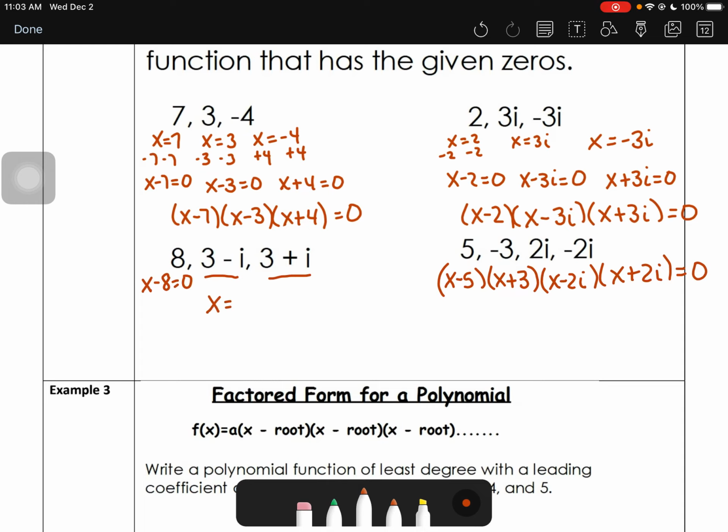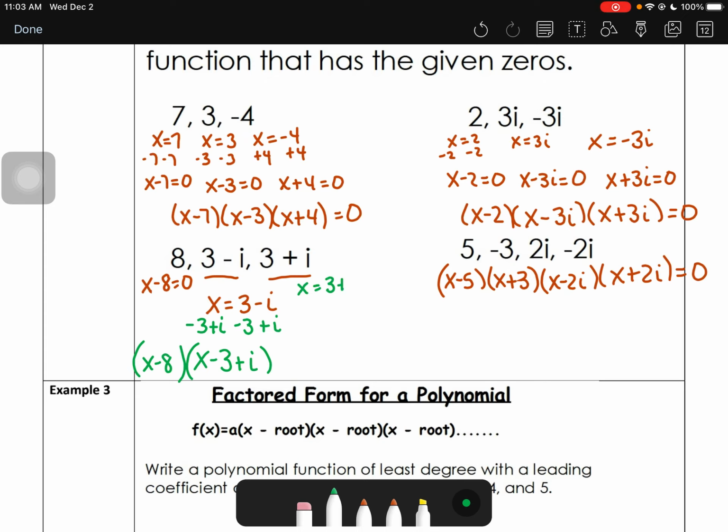So what do we do for this one? So we have x equals 3 minus i. I need to bring both of those terms to the other side. So I'm going to subtract 3, and I have to add i. So one of my factors will be x minus 3 plus i. Same thing here.